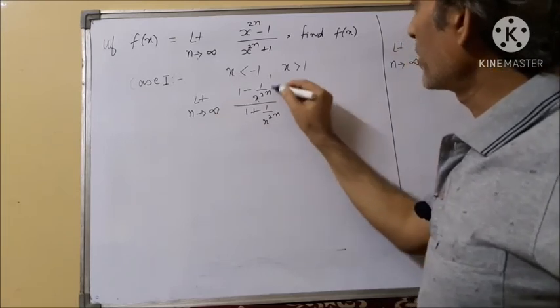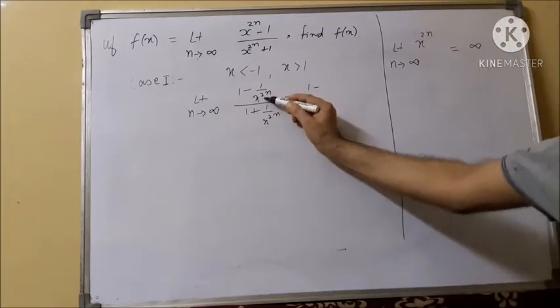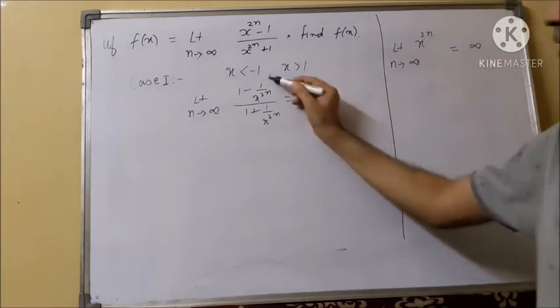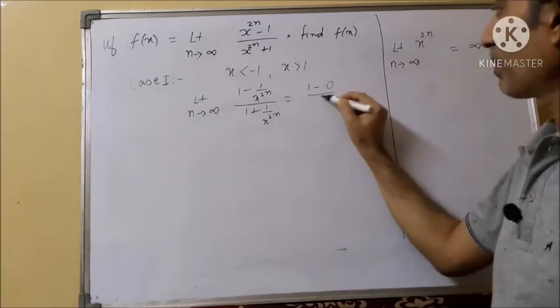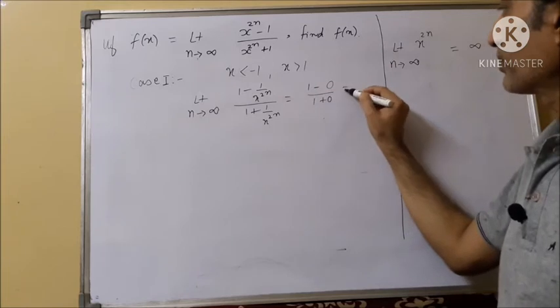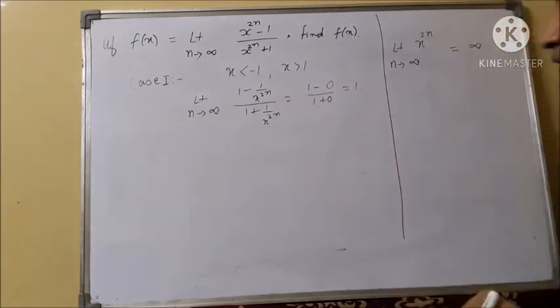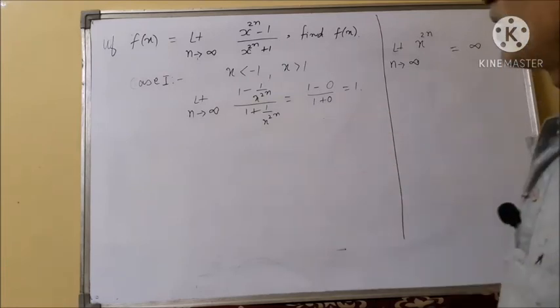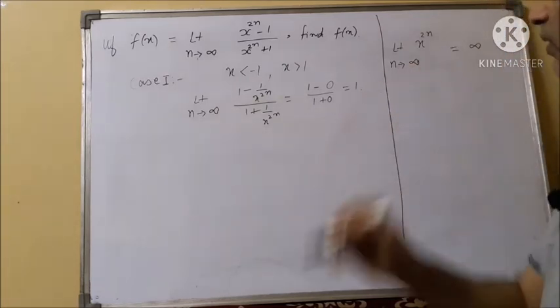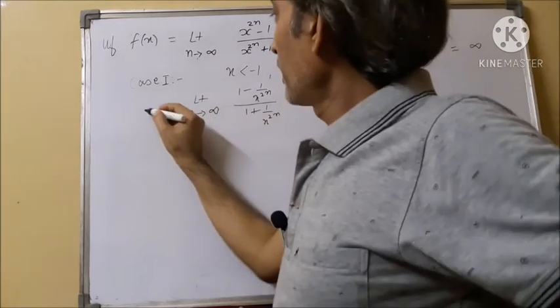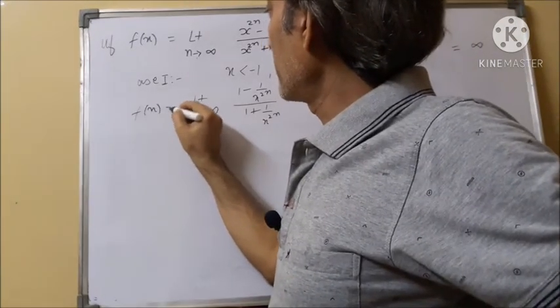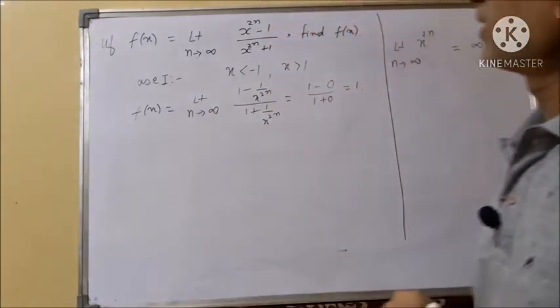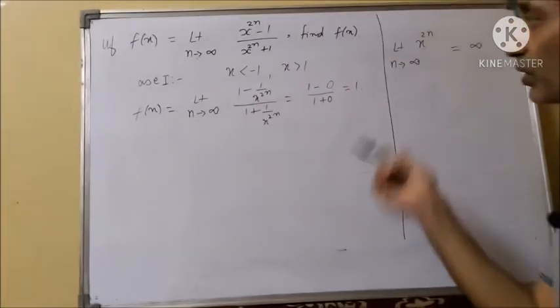So 1 minus this thing, as this thing will approach infinity, 1 upon infinity is 0. So in the first case, when x is less than -1 or x is more than 1, we are getting f(x) equal to 1.